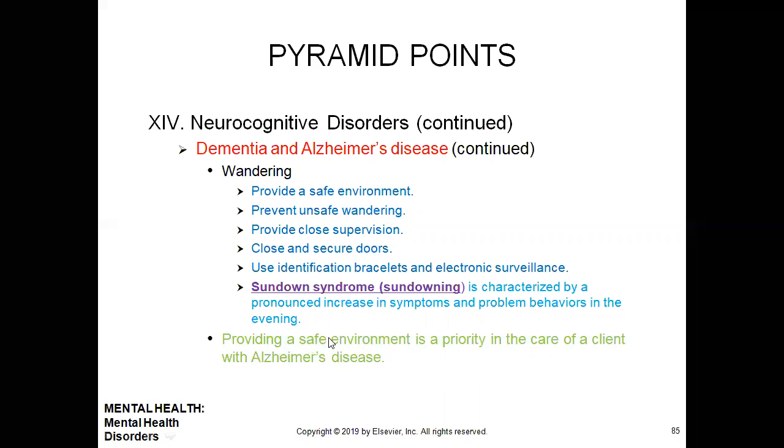Provide a safe environment, as I told you, first priority, right? Safe environment means protect from falls, remove the scattered rugs, close the door, use bright or good lighting, mark the steps with color tape.